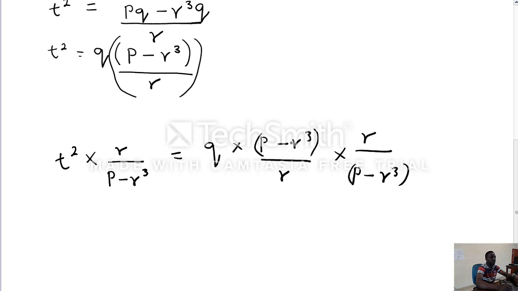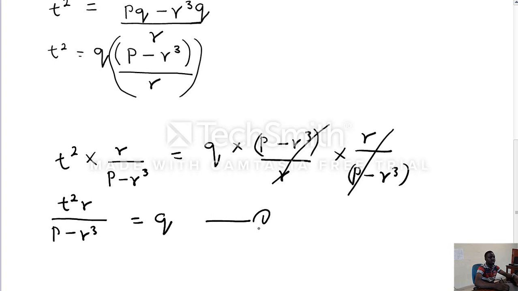So you agree with me that this will cancel this when you simplify, leaving us with t squared r divided by p minus r cubed is equal to q. So this is the subject of the formula.